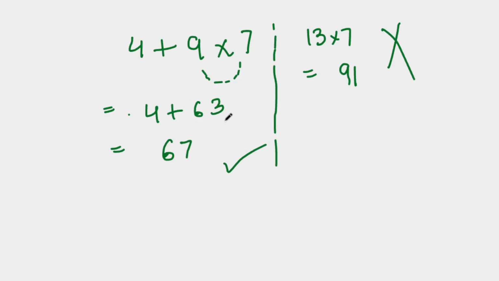Let's take another example, now one with the power. Because we have learnt that in BODMAS we have O for order, in PEMDAS we have E, and in BIDMAS we have I for indices. So let's use this.